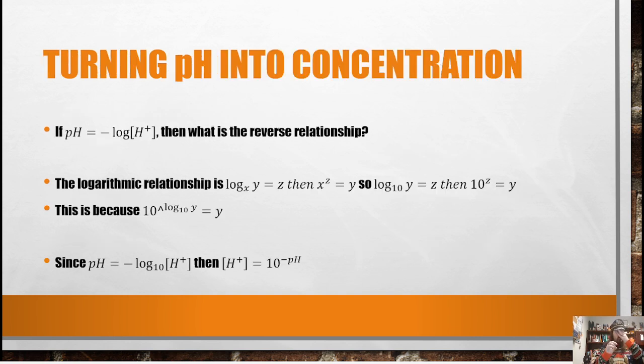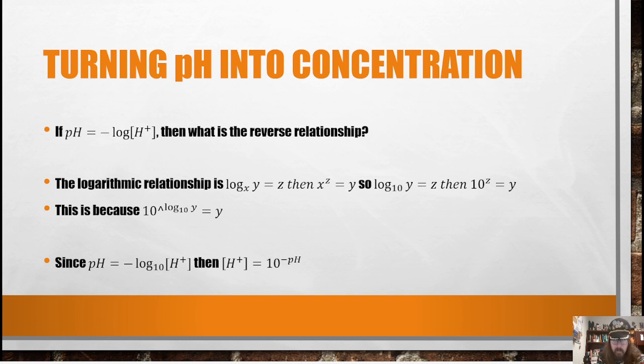Now, what about going backwards? If I have pH and I need to figure out what is my concentration of [H+], if pH is equal to negative log of [H+], what is the reverse relationship? So, one thing to note, a logarithmic relationship says log base x of y is equal to the answer z.